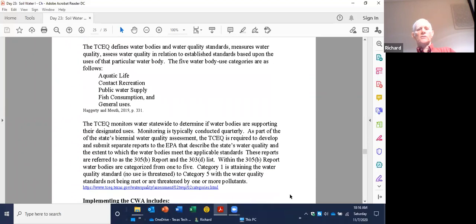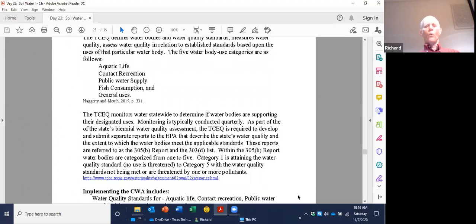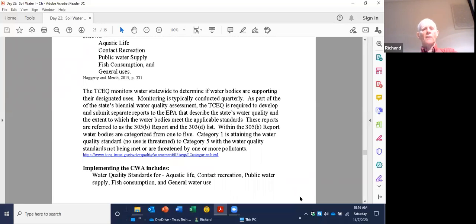Now, the Texas Commission on Environmental Quality monitors statewide to determine if water bodies are supporting their designated uses. The monitoring is typically conducted quarterly as part of the state's biennial water plan assessment.